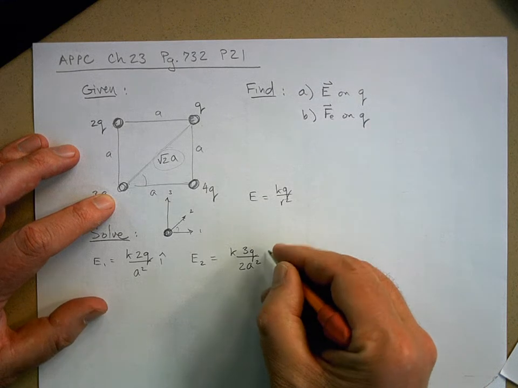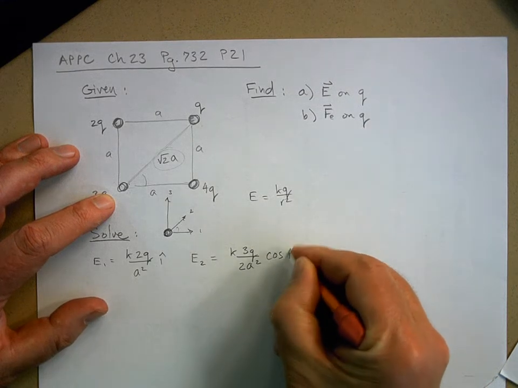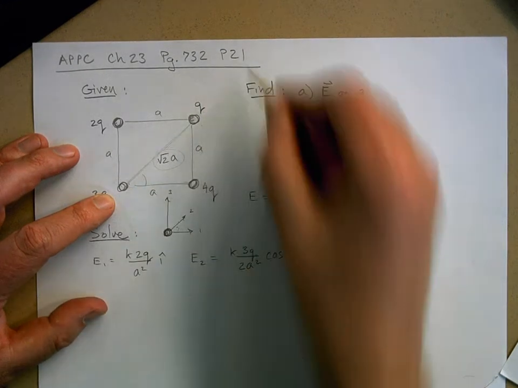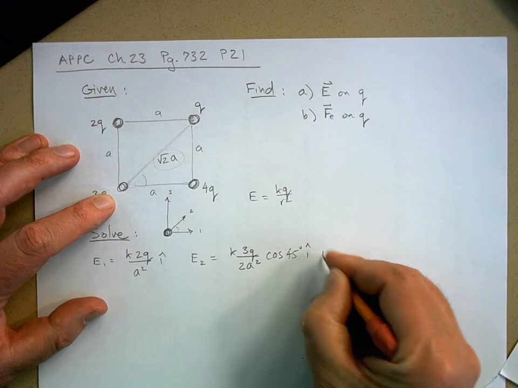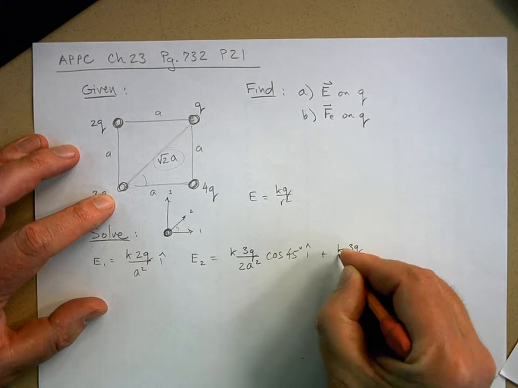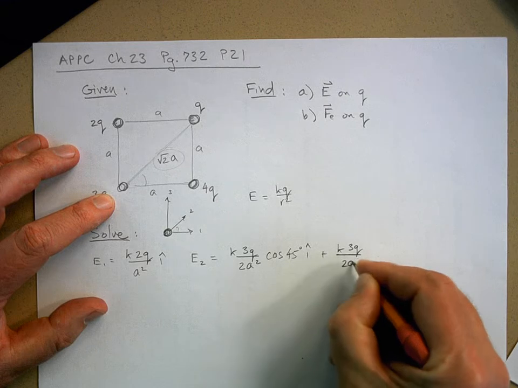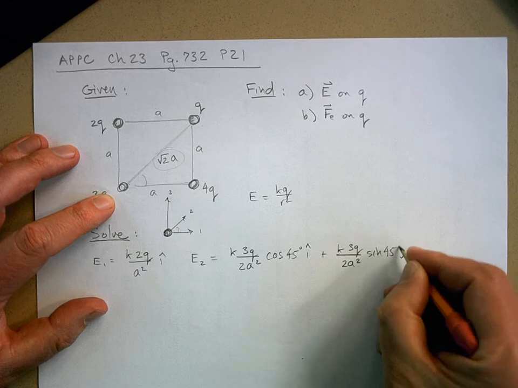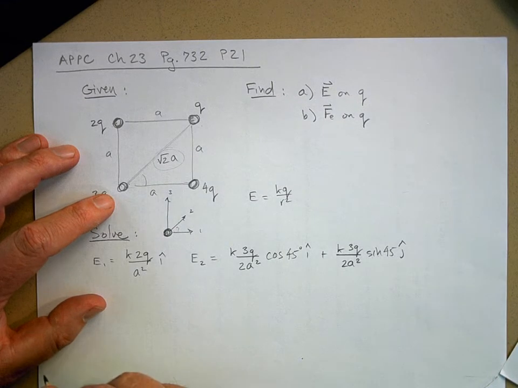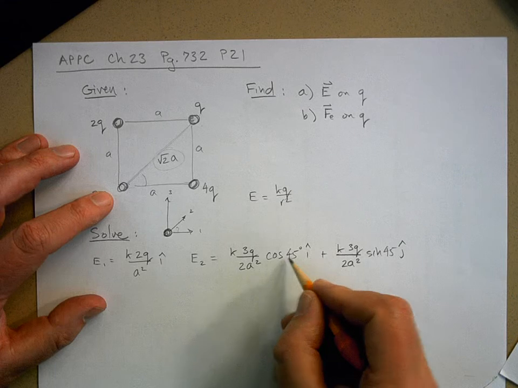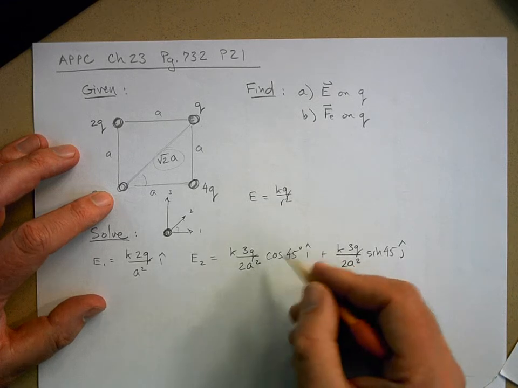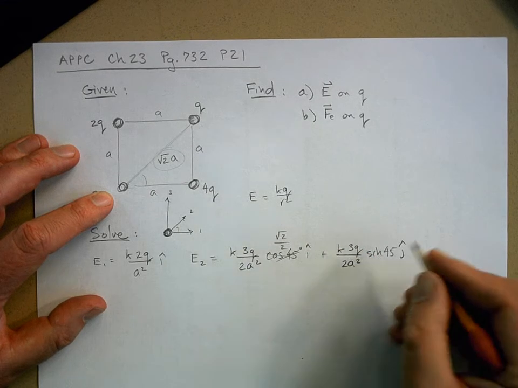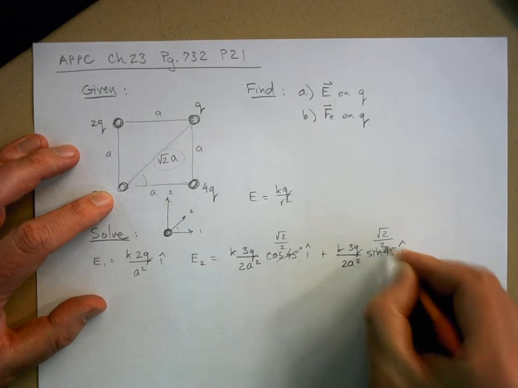I'll just do cosine 45 degrees, and then in the I hat direction, because it's going to push it that way, and then plus K 3Q over 2A squared times the sine of 45. So they're going to be the same value in the J hat direction. And of course, this is kind of a silly way to do it. What's the cosine of 45 degrees? It's just the square root of 2 over 2. Right? So the square root of 2 over 2.